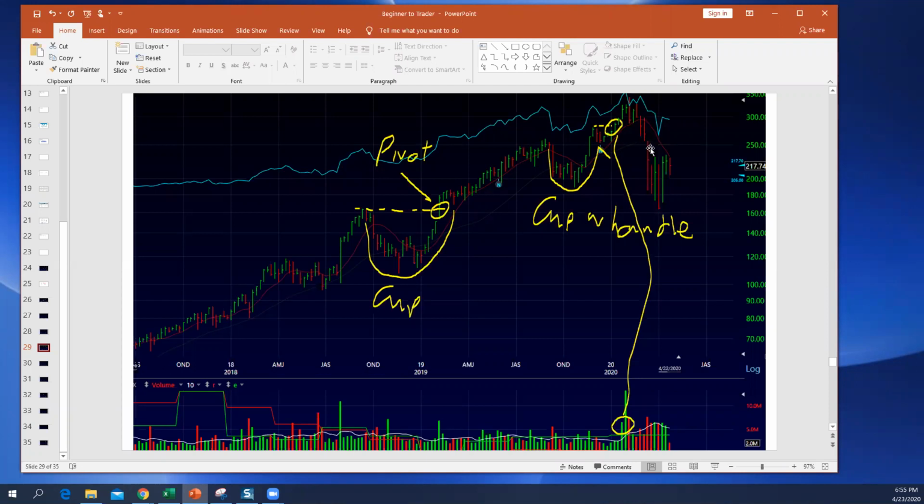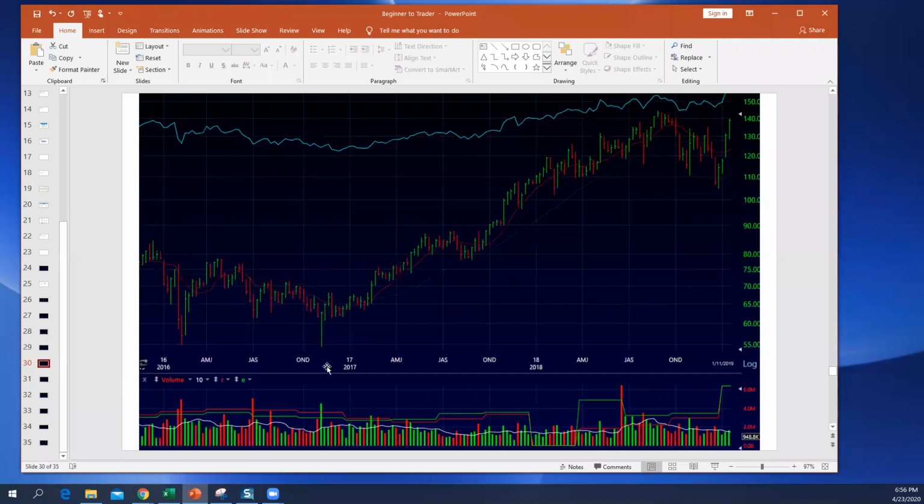You had no control of where the floor was going to be. And this is a higher risk strategy than buying breakouts like this. If you understand this, you're going to do really well at this. Okay, that's the first pattern, cup with a handle, or cup, just no handle, right? Pattern 1. Let's go on to take a look at this one.